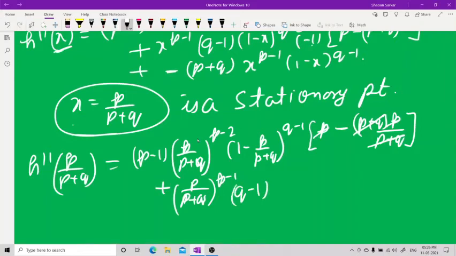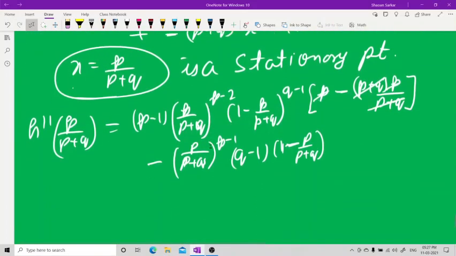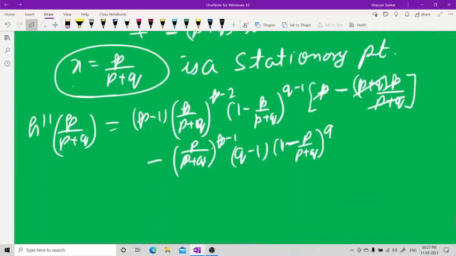This minus, I'm talking about this minus, and you have again 1 minus P upon P plus Q to the power of Q minus 2, and then you have P minus P plus Q upon P plus Q.